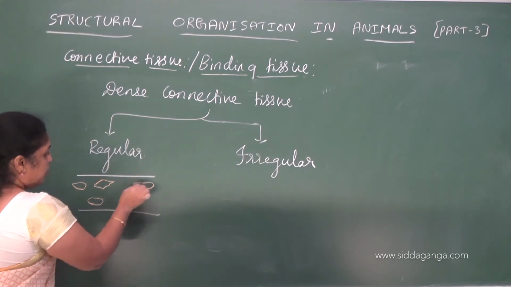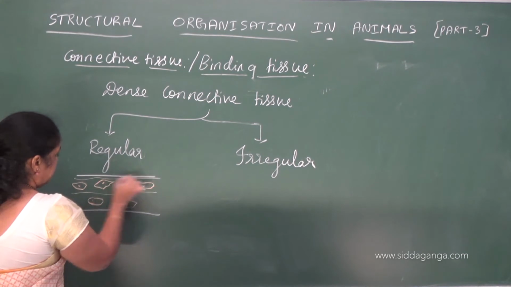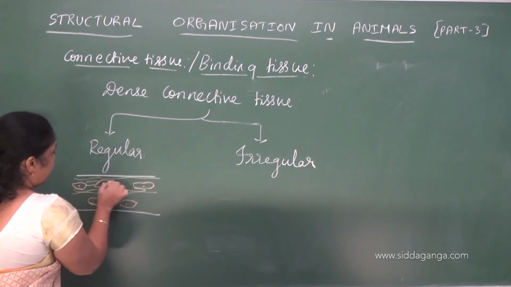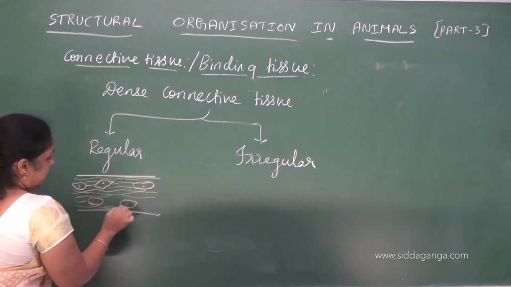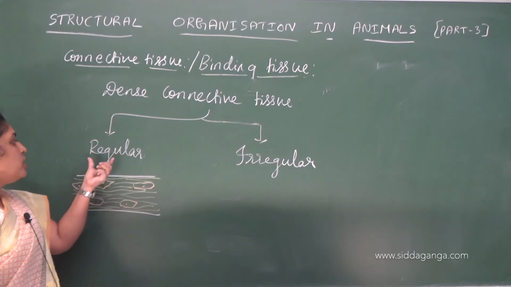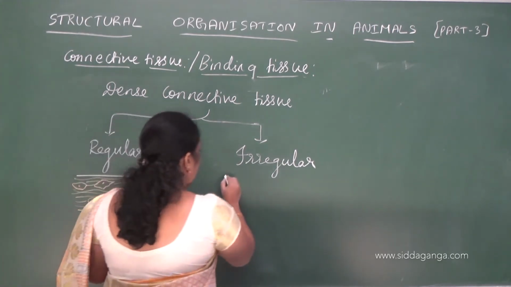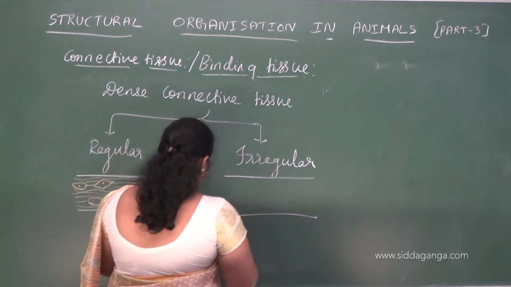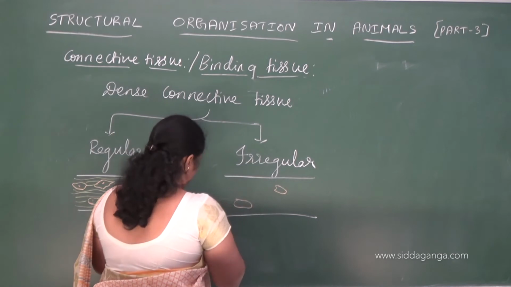These are fibroblasts and these are fibers. The arrangement of fibroblasts and fibers has a proper orientation, and it is called dense regular connective tissue. Whereas in irregular tissue, the orientation is absent and they are arranged haphazardly.